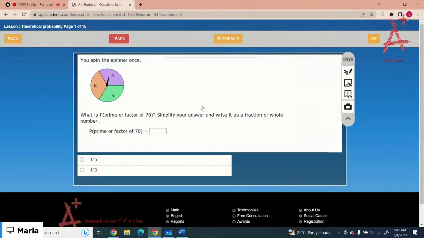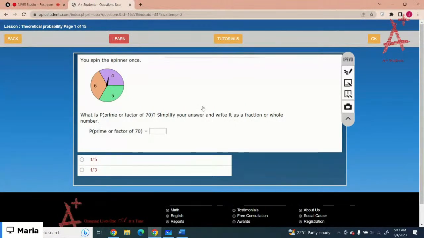And what numbers are the factors of 70? 4 is not a factor of 70. 6 is also not a factor of 70. 5 is a factor of 70. So 5 is a prime number and also a factor of 70.